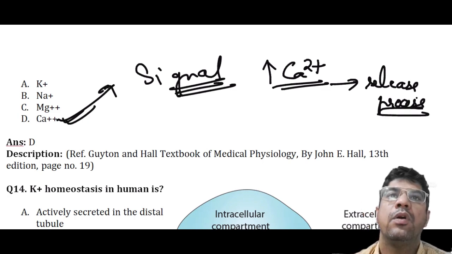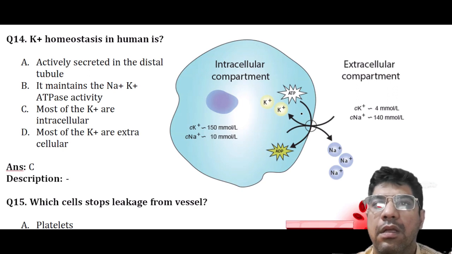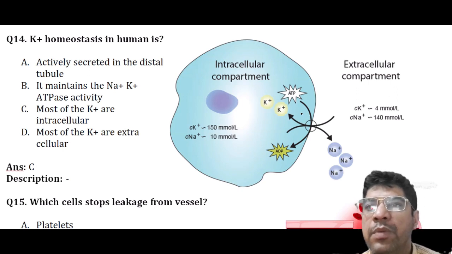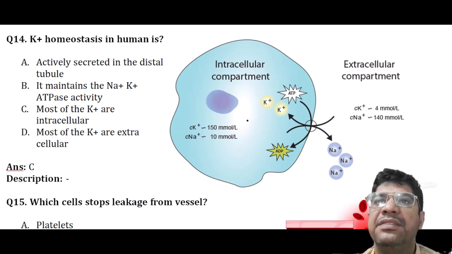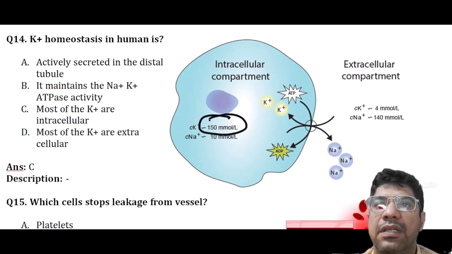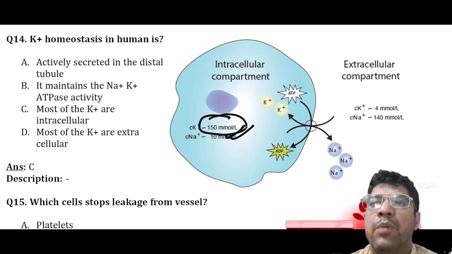Potassium homeostasis in humans is mainly maintained by the fact that most of the potassium ions are found intracellularly, inside the cells. That is a key factor in regulating the potassium level in the body.